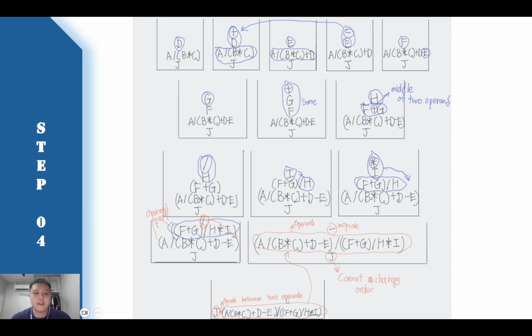The final solution will be J subtract bracket A divide bracket B multiply C bracket add D divide subtract E bracket divide bracket F add G bracket divide H multiply I bracket.